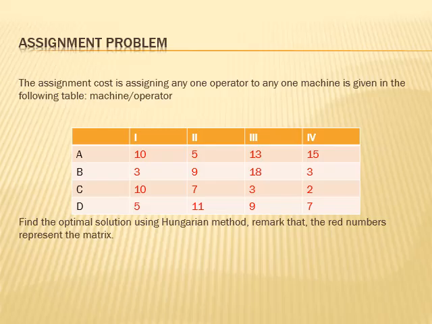Each operator is assigned to one machine, and each machine should be assigned to one operator, as we mentioned before, on the basis of one to one. Now we are going to apply the Hungarian method using the previous steps or instructions.